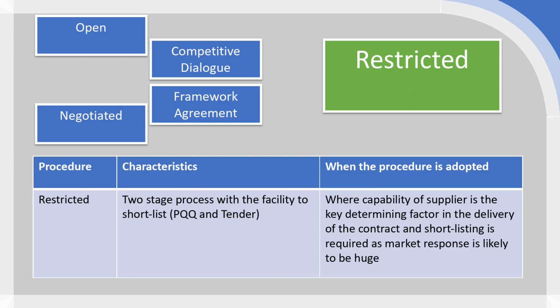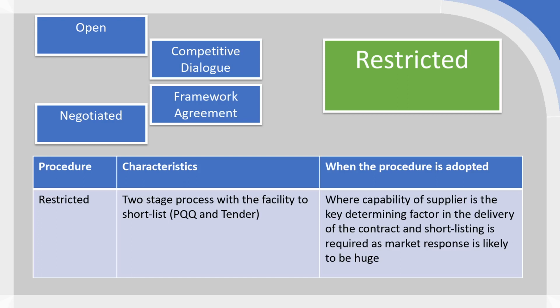The ultimate goal of a restricted process really is that we have some concerns over, again, capability or ability of supplier, and we have a large set of potential suppliers, so we're implementing a two-stage process to eliminate unsuitable suppliers, and then running a second stage in order to choose our ultimate supplier to award our contract to.